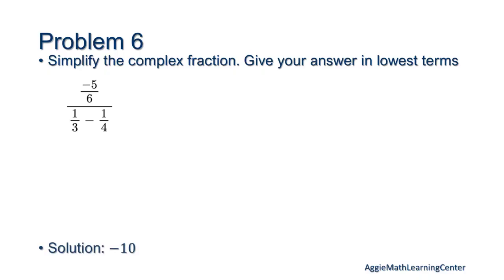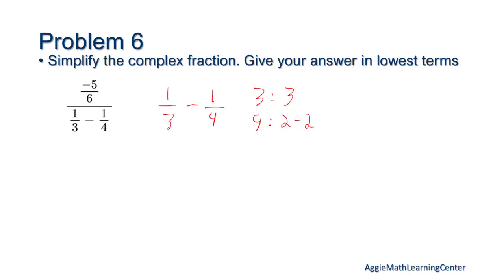So we've got 1 over 3 minus 1 over 4. And so let's find the least common multiple. 3 has the factor of 3, and then 4 has a factor of 2 and 2. So do these have any in common?